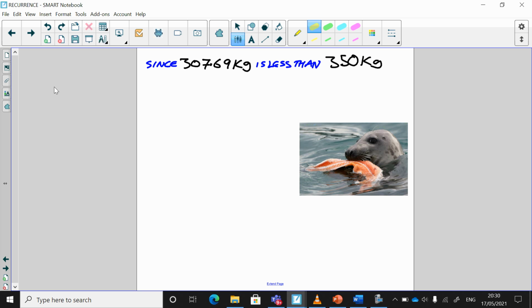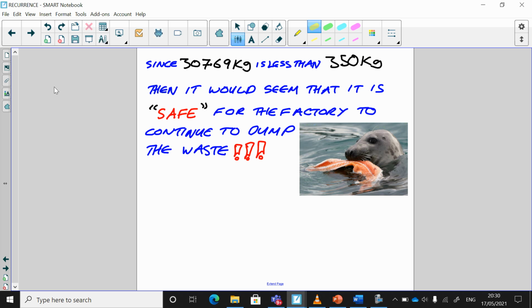So what that means for us is it would seem to be safe, or it would seem that it is safe. Okay, we're just going with their rules, not mine. So it seems that it's safe for them to actually continue poisoning the sea life of the sea loch.